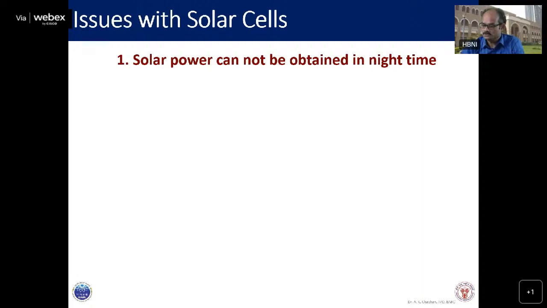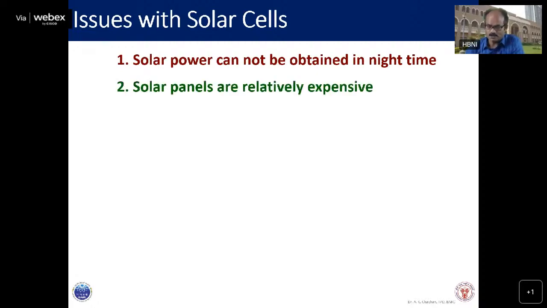Solar power cannot be used in the night time. So if you want continuous supply, you have to store the energy during the daytime, mostly in the form of batteries, and then you can use it in the night time.